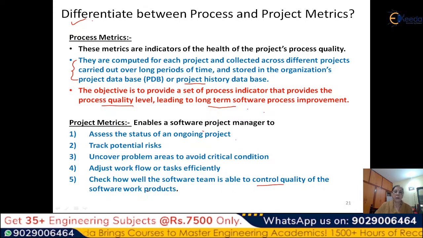This is also important because the product is coming out of the project, so all the product quality metrics come under the project metrics. Overall, how the project is doing and what actions the project manager has to take get decided by the project metrics.